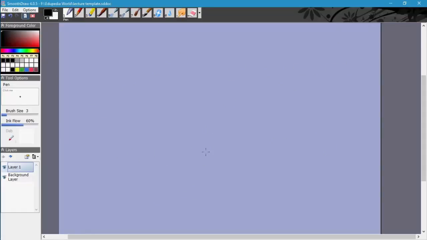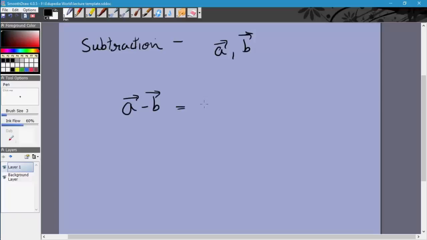There is one small thing that is left, which is the subtraction of two vectors. And subtraction is basically a combination of addition and scalar multiplication. Because if you have two vectors, let's say a and b, and right now it doesn't matter whether it's in the component or the magnitude direction form, the vector a minus b can basically be simply written as the sum of the vector a and the vector minus b.